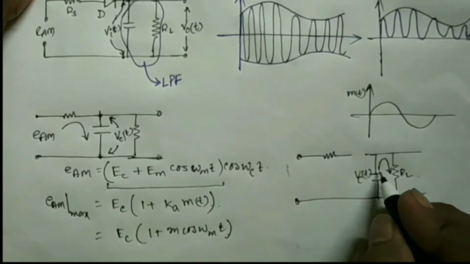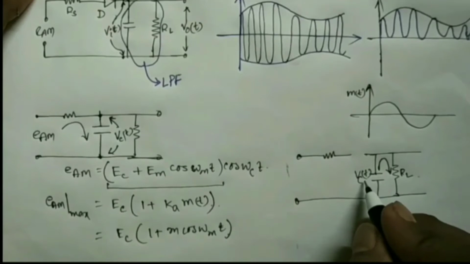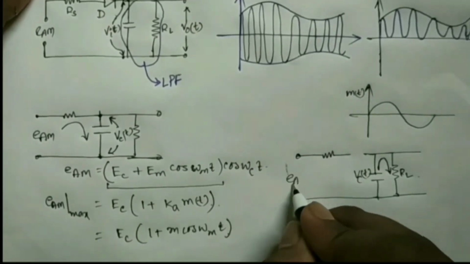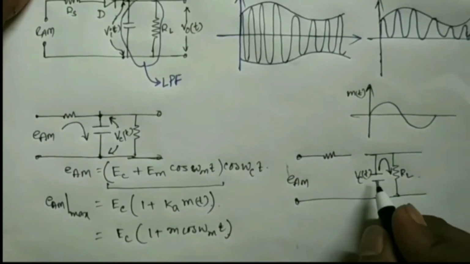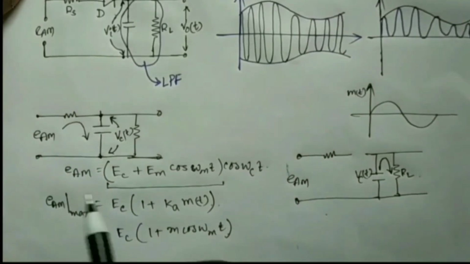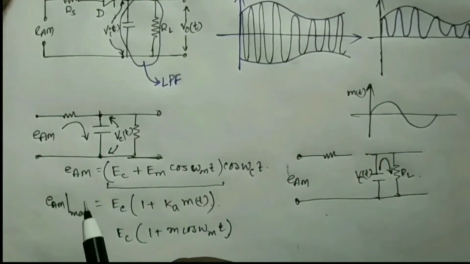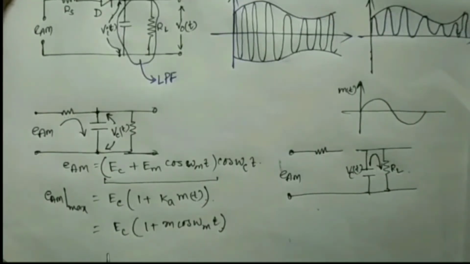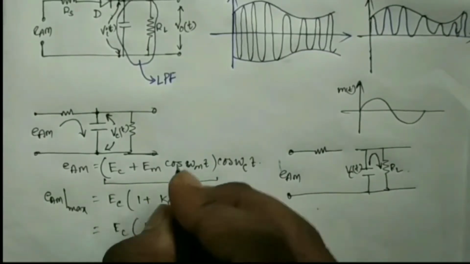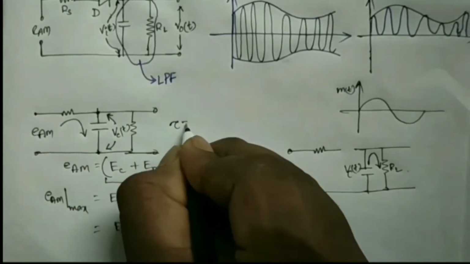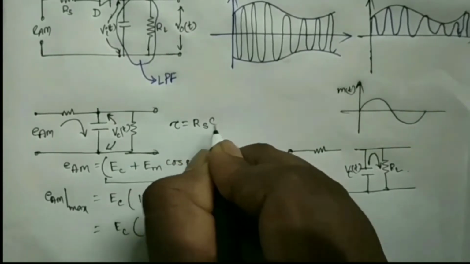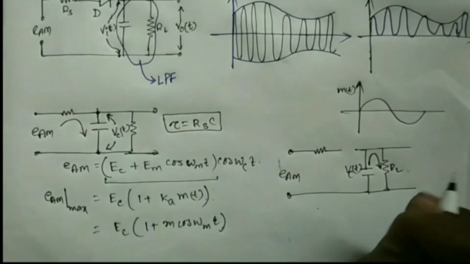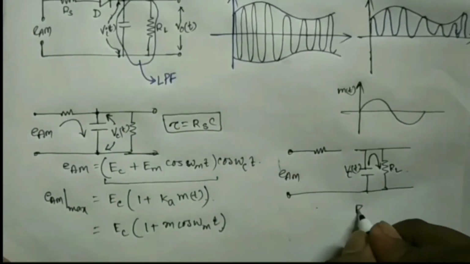It will be discharged until its value is less than EAM, the applied signal, and when its value is less than EAM, the diode will again be replaced by a short circuit since it comes in forward bias, and the process will continue like this. Time taken for charging, tau, is Rs into C, and time taken for discharging is RLC.